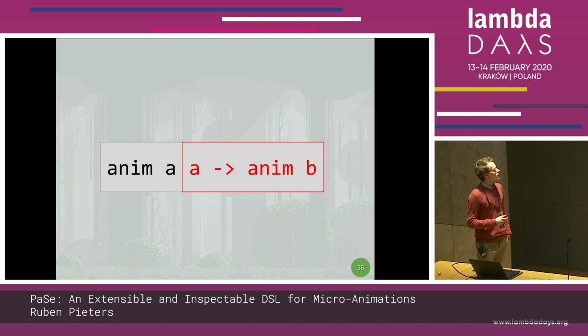The problem here with respect to inspectability is that this function is not inspectable, because we don't know what's going on inside this function. If we would want to inspect it, and A is an infinite amount of values, then we can't inspect all the possible continuations.